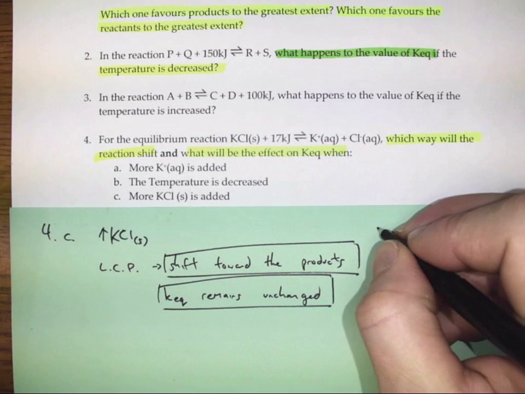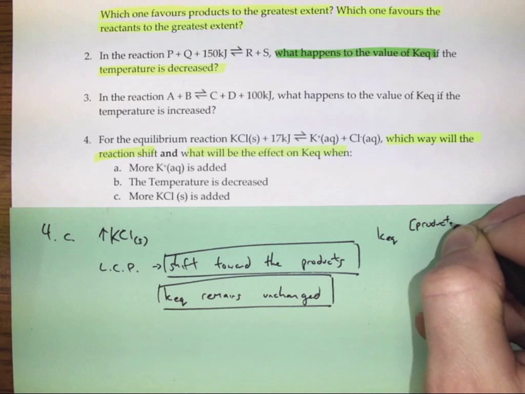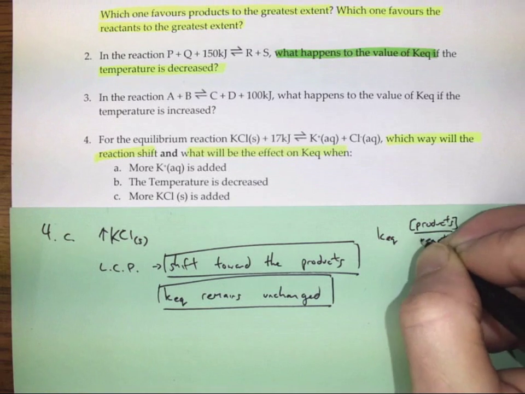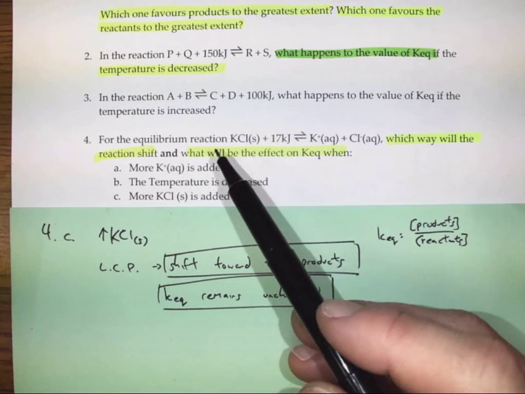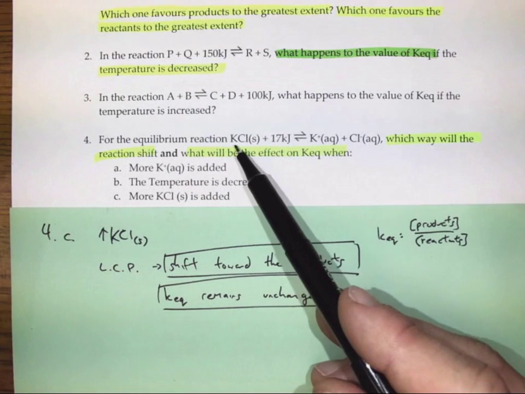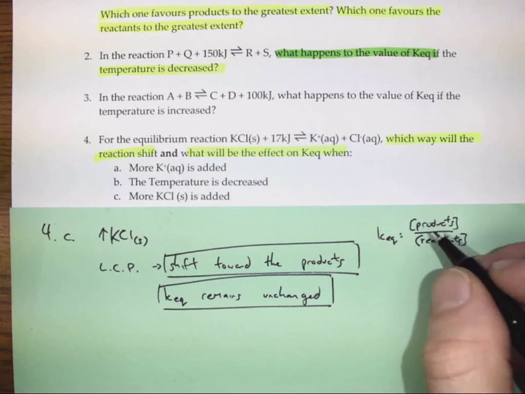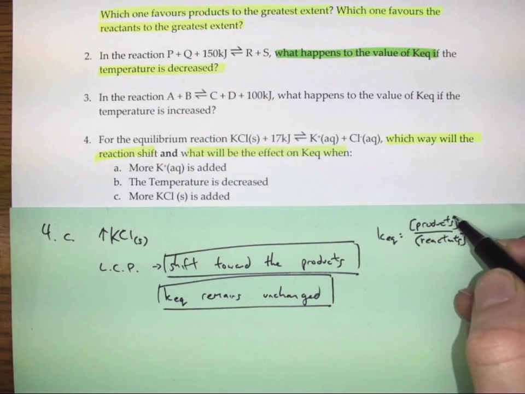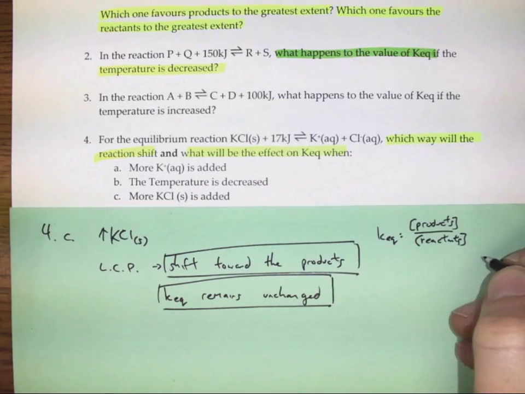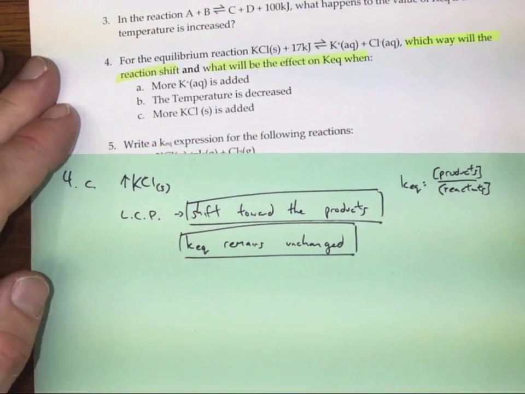However, KEQ is a concentration of our products over our reactants, and our original change was to increase the amount of our reactants, our potassium chloride. We increased the amount of reactants, but then we diminished that a bit and added a bit more to the products, which is what a shift to the products does. Then our KEQ will remain unchanged, provided we keep the temperature the same.